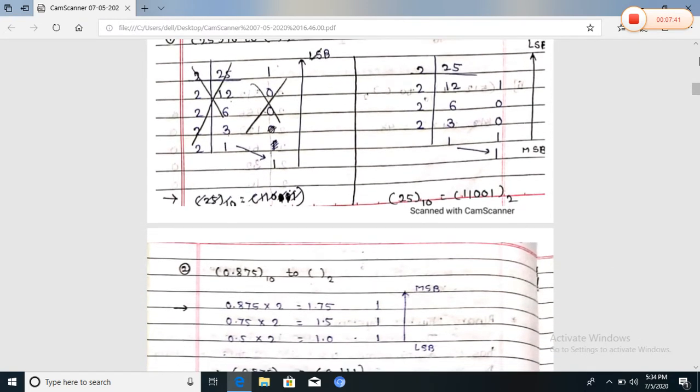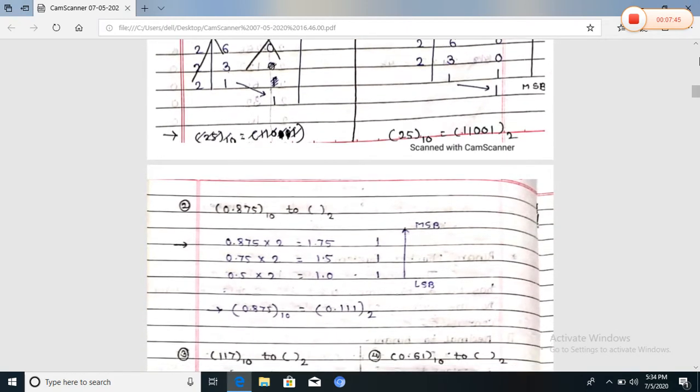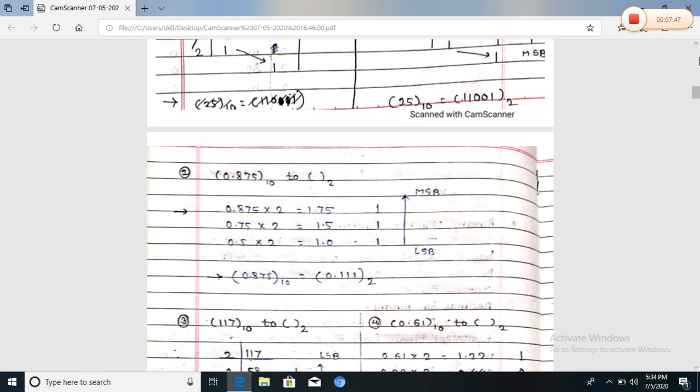Next, in case of a decimal fraction, the second problem is 0.875, base 10, a fractional decimal number to be converted into binary.